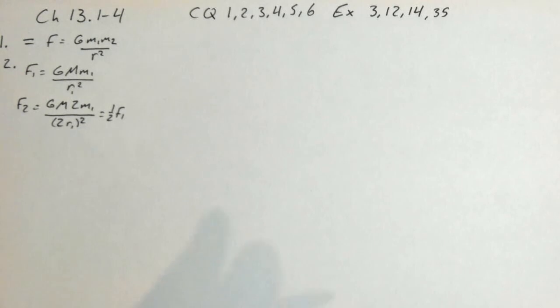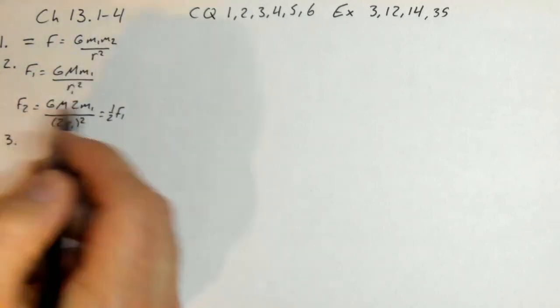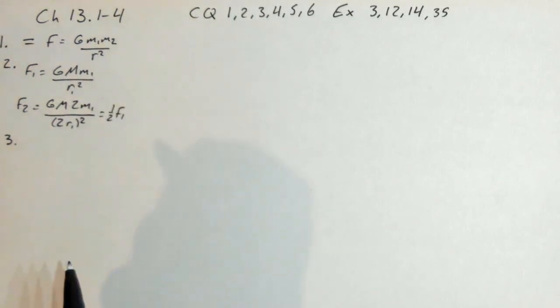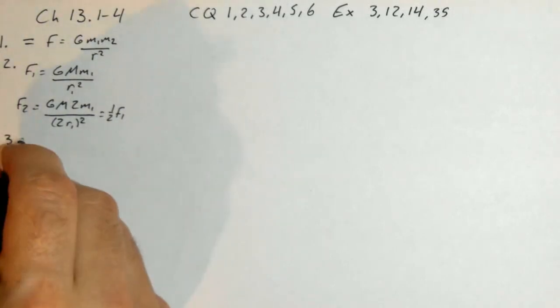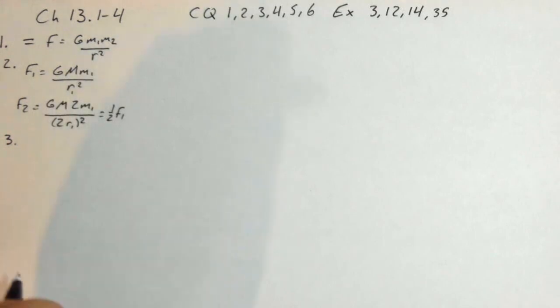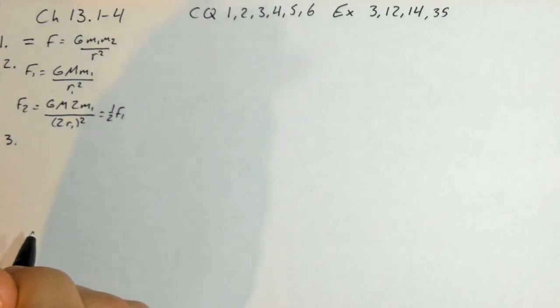Very good. Let's practice this proportionality in number 3. See if you can apply those same ideas of proportionality to number 3. Alright, so we have these two satellites. Satellite 1 has a mass of 1,000 kilograms and satellite 2 has a mass of 2,000 kilograms, or in other words, the mass of 2 is twice as big.